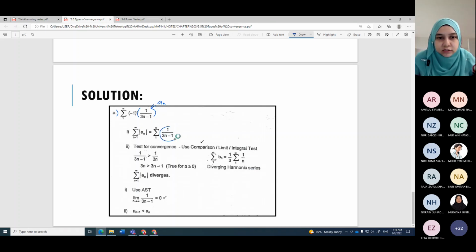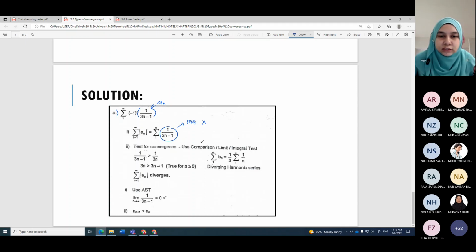Okay, this function, kita tak boleh guna PHG, P series, harmonic and geometric. PHG tak boleh kan? Sebab dia bukan dalam function yang ni lah.